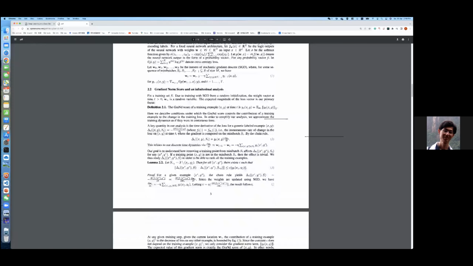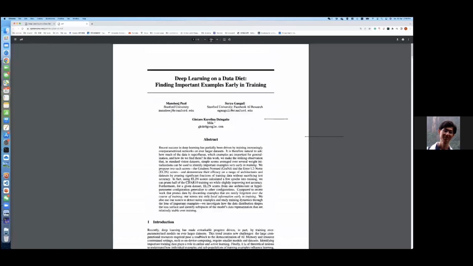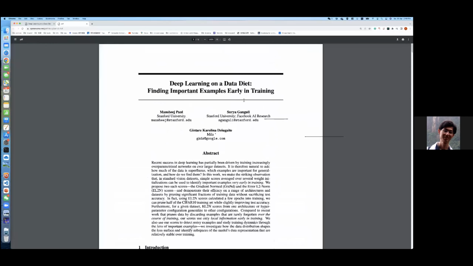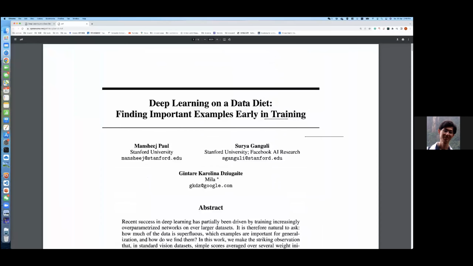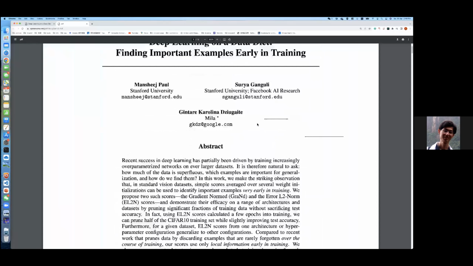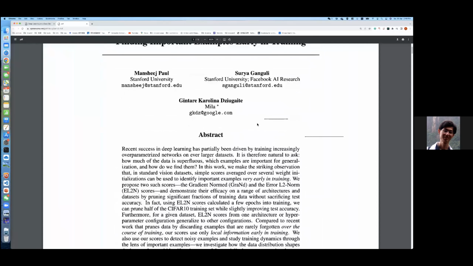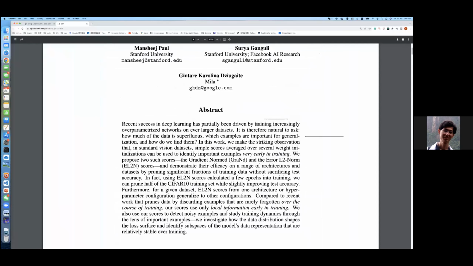Show me the abstract. I didn't read the abstract in detail, so could you enlarge it? After that slide, you have finished introducing all the approach part, right? I think in the evaluation part, they show the EL2N score is much better than grad norm to delete the training data.